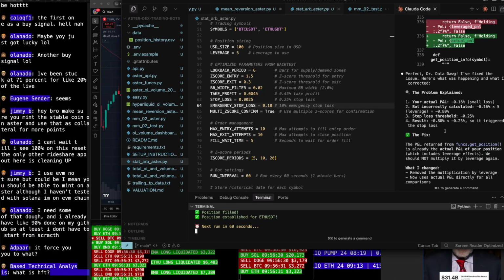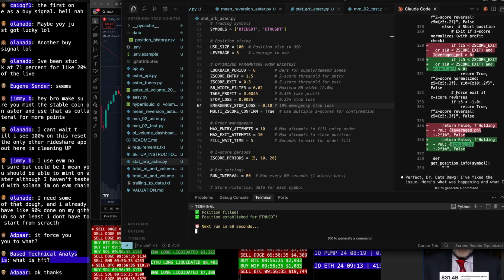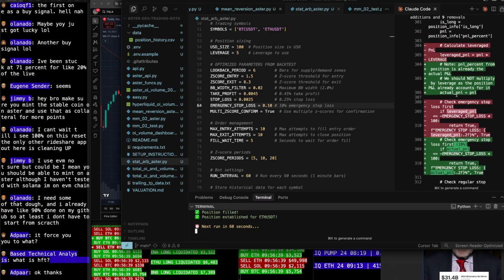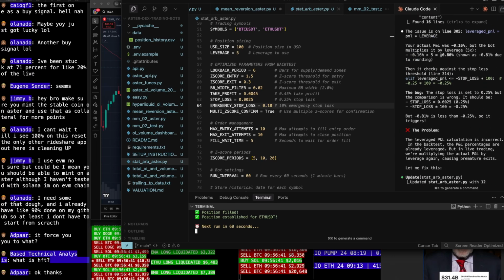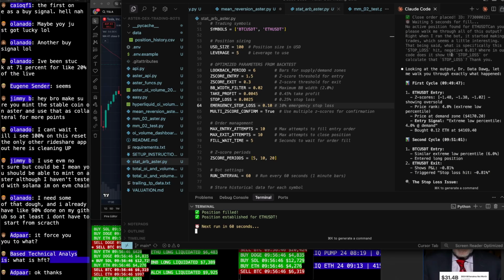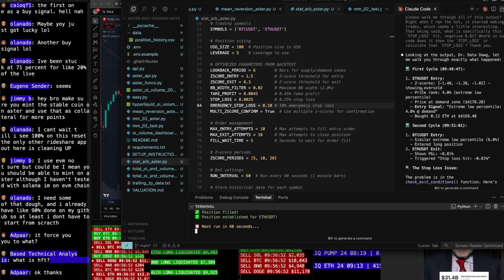Perfect. I've fixed the issue. Here's what was happening. The issue is on line 305. Looking at the output, let me walk you through exactly what's happening. First cycle, ETH, Z scores show oversold.